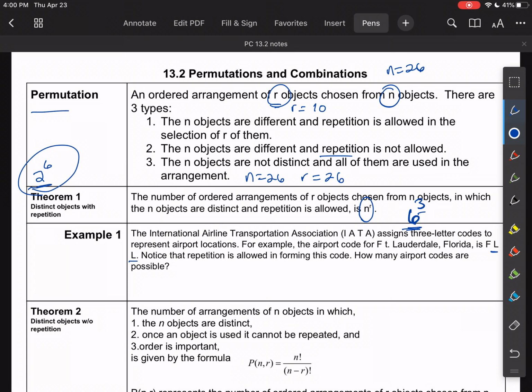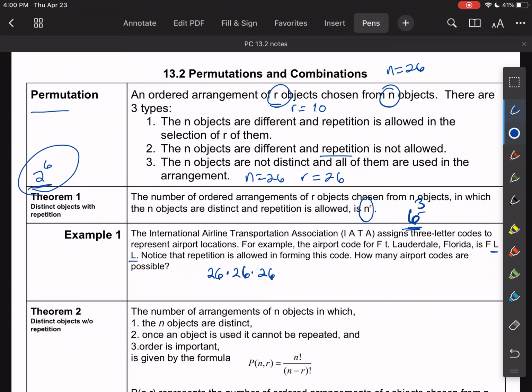We're talking about something where we have repetition. We could have an airport code that's AAA, for instance. Repetition is allowed. We have 3 selections that we're trying to make, and there are 26 possibilities. So for the first letter, we have 26 possibilities. For the second one, since repetition is allowed, we have 26 again. And then for the third one, we have 26 again.